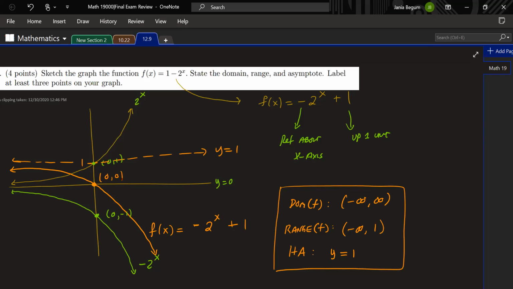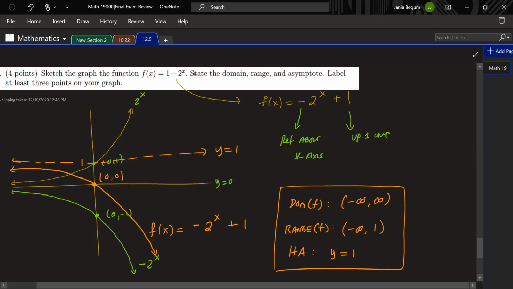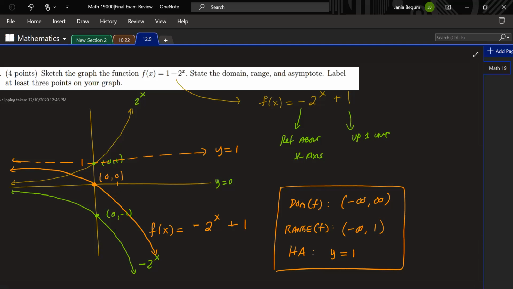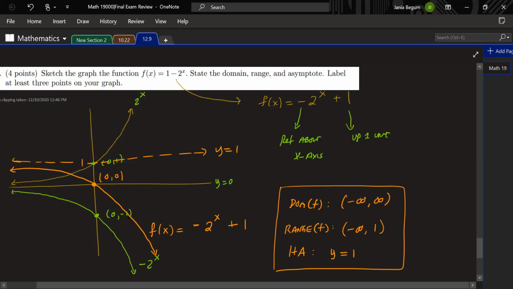You will have 1 minus 2 to the 1, which is 1 minus 2, which is -1. So that's right here. If x is 1, y is -1. So yeah, my graph is not up to scale. So I'm just going to say this point right here is 1, -1.